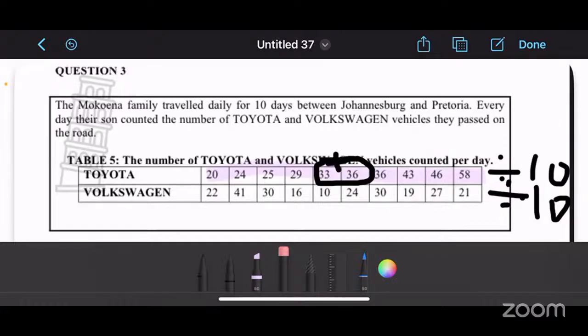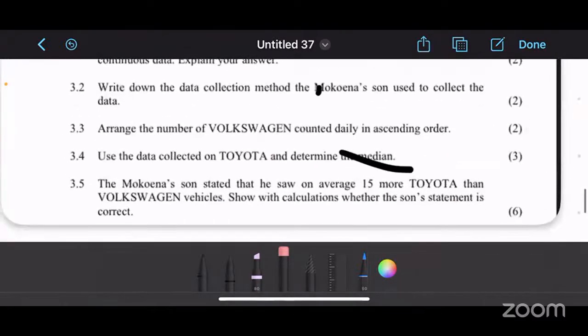And then what's the difference? 35 minus 24, how much? The difference is 9. So that means the statement is not correct. Then the son's statement is not valid.